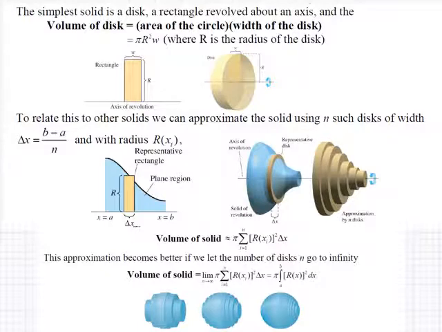So in order to talk about the disk method, we need to talk about the most basic element, which is a disk. And so the idea here is if we were to take a rectangle, let's say look at this picture right here, and we were to spin that rectangle around this axis of revolution that the rectangle is sitting right on, okay, that rectangle is sitting right on that axis of revolution.